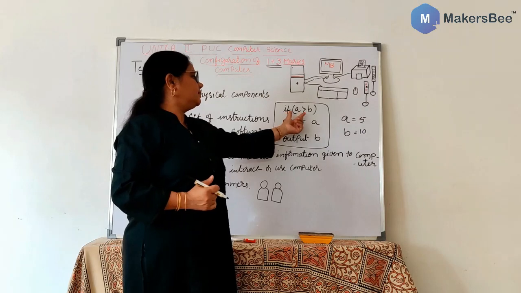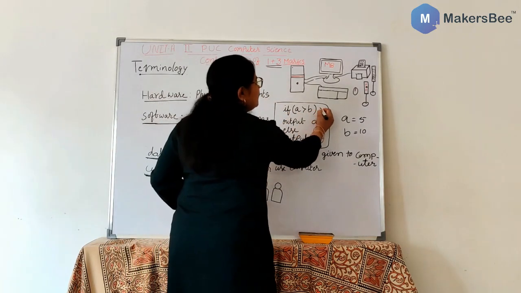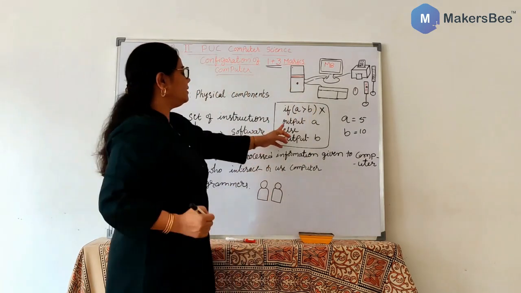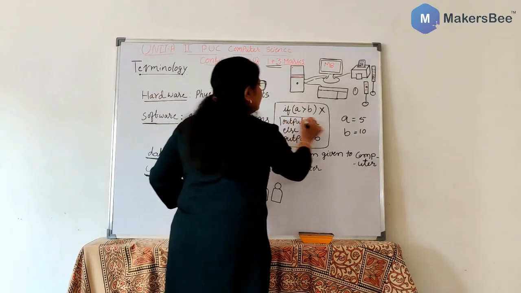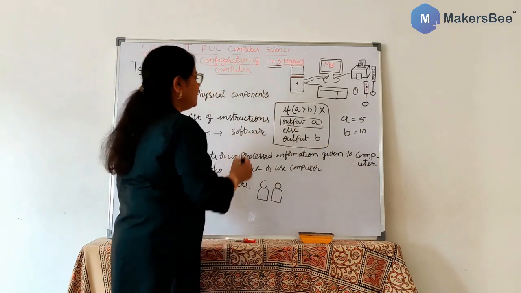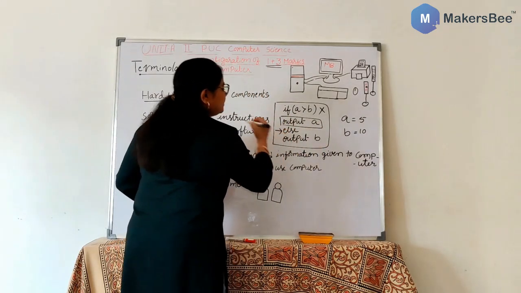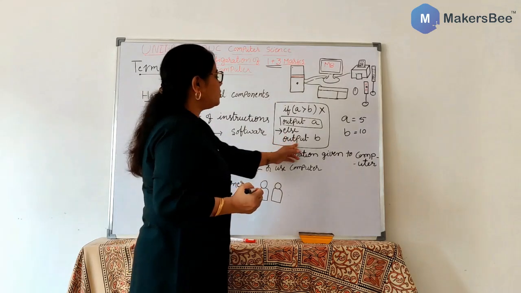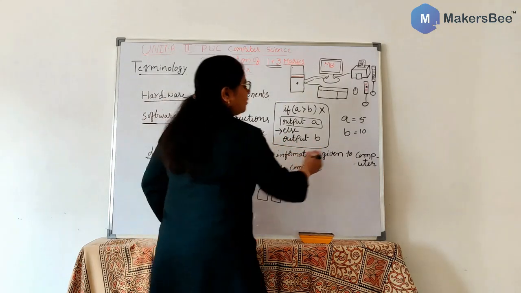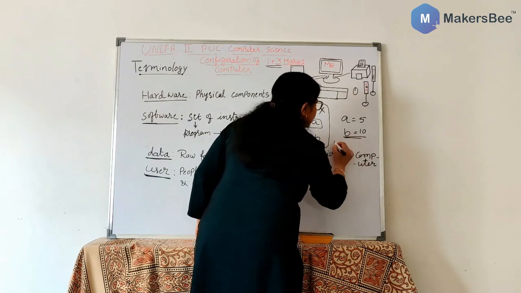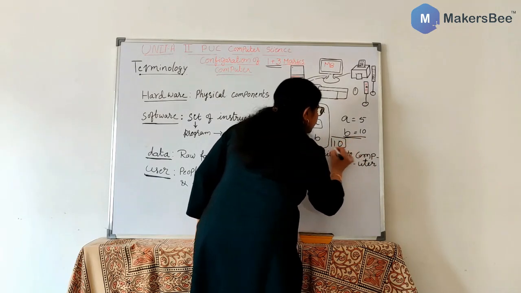Then this condition will not be true here, so it won't execute this one. This statement is skipped and the control is given to this, else output B. So then the output is B, that is 10. So this will be the result.